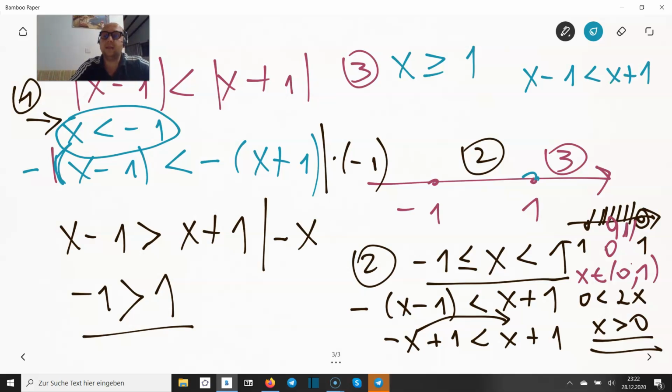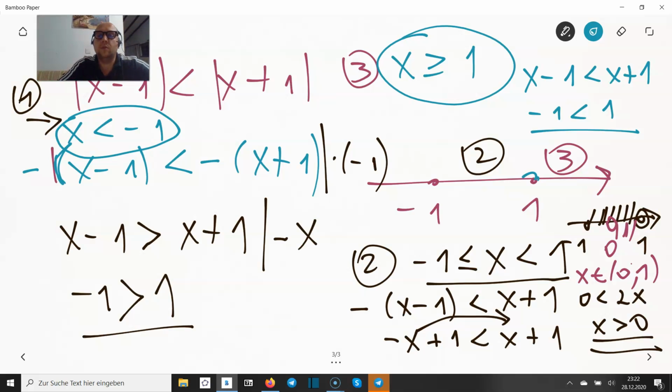We're subtracting x on both hand sides, and now we're having minus 1 truly less than 1, which is valid for every x value. You see, it's not dependent on x anymore. So that means we're opening the door and the whole apartment is full of solutions. So everything which fulfills x is bigger or equal to 1 is our solution.